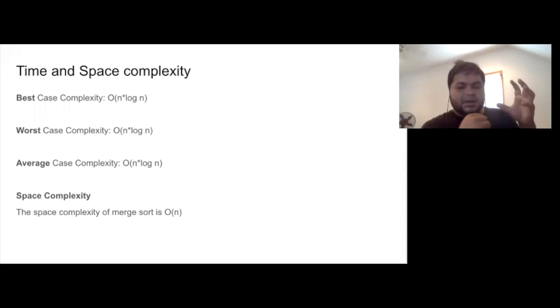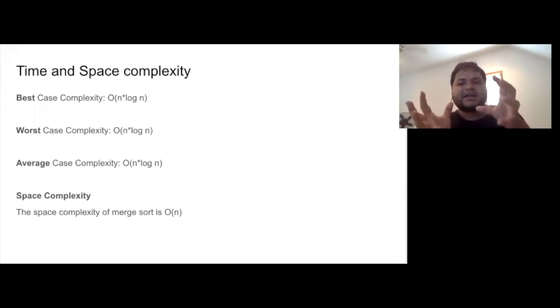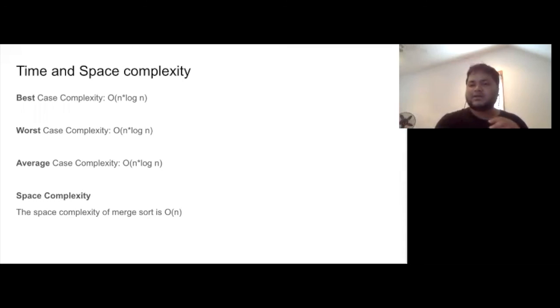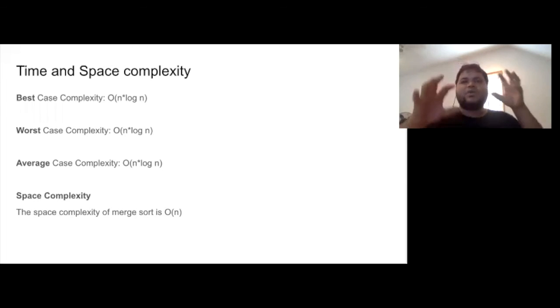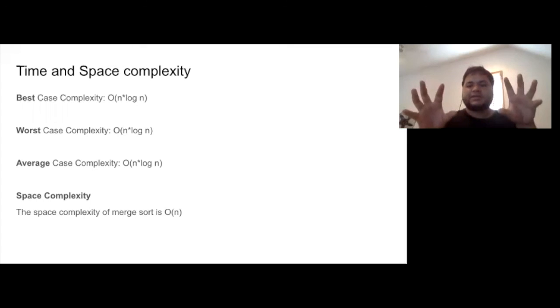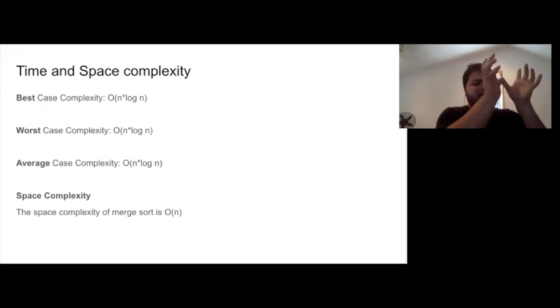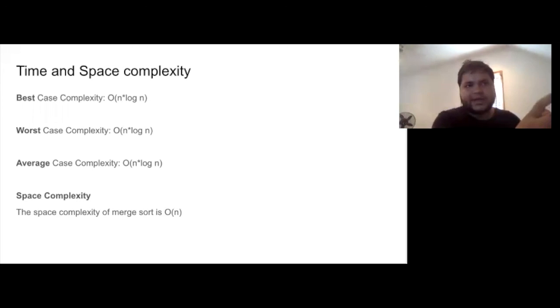In this section, we will understand why the running time for merge sort is n log n. As we have already learned in other algorithms like binary search, whenever we divide a number or an array into half in every step, it represents a logarithmic function, which is log n.